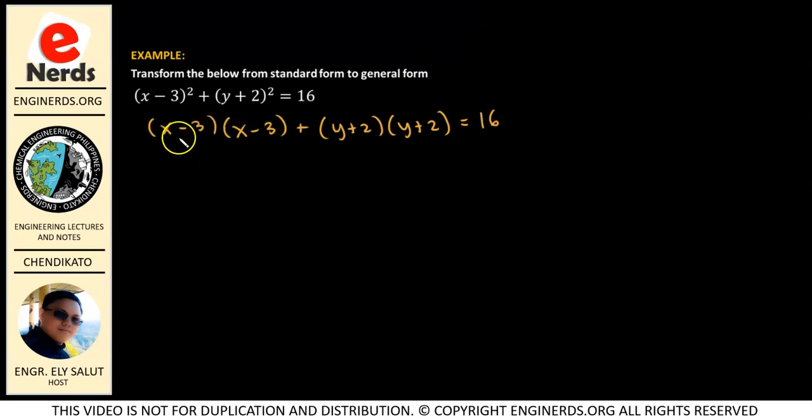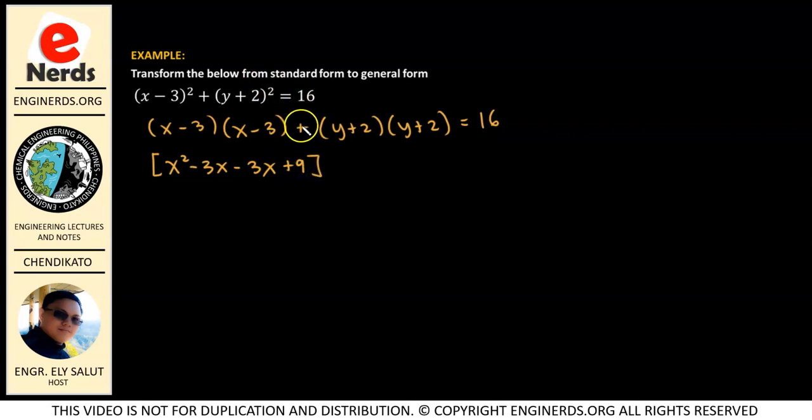We're going to multiply a binomial to another binomial. So, we have x times x, we have x squared. X times negative 3 will be negative 3x. Negative 3 times x, we have negative 3x. Then, negative 3 times negative 3 will be positive 9.